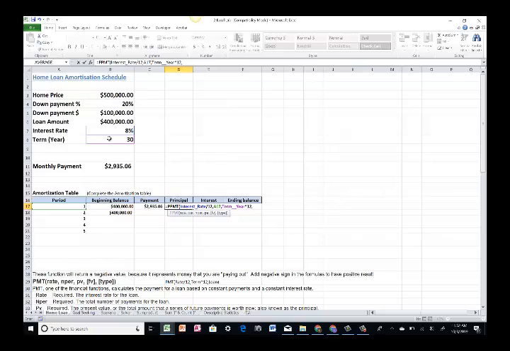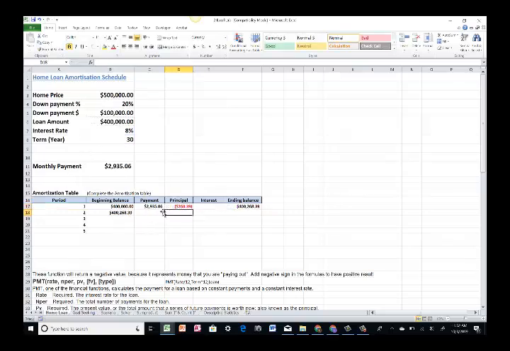Then my next argument is the present value of the loan, which is loan amount. And again, since I named this cell, it's shown as loan amount, not a reference, in my formula. And the next two arguments are the same as for payment, and they're optional, and we're going to omit them.